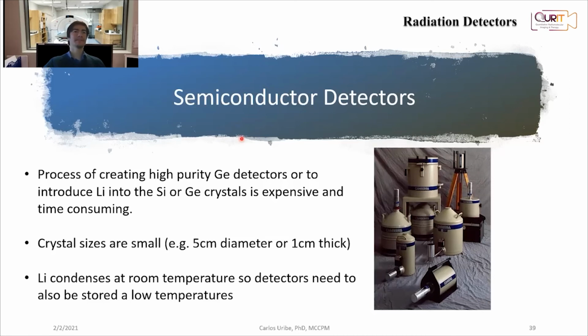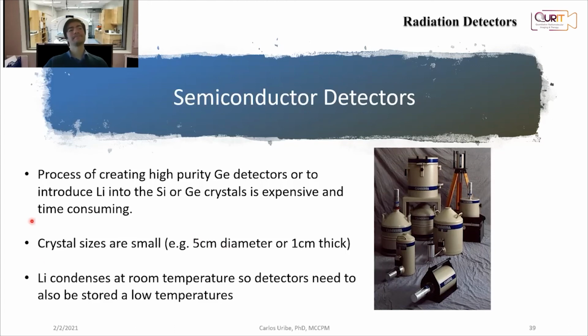Okay, so yeah, the growing of high purity germanium detectors or the introduction of those impurities in those crystals to compensate for the electron traps is very expensive though, and it's very time consuming. Crystal sizes, we cannot make them very big. They're small, typically 5 centimeter diameter would be typical for a germanium detector, and a silicon detector probably won't be able to be made more than 1 centimeter thick.